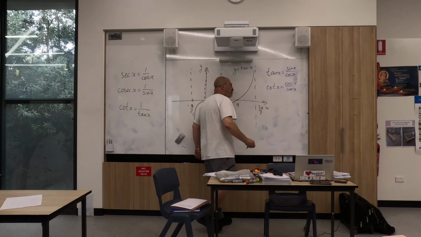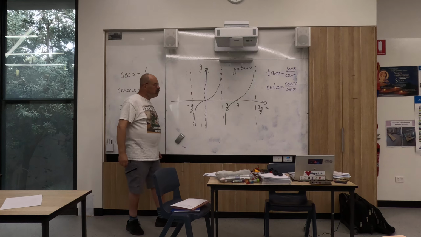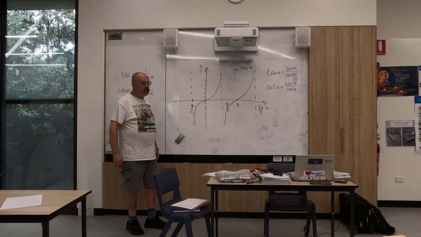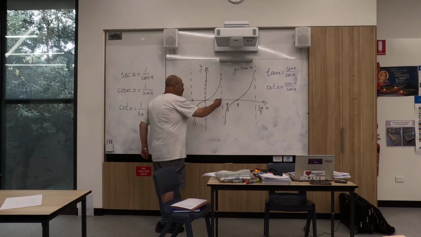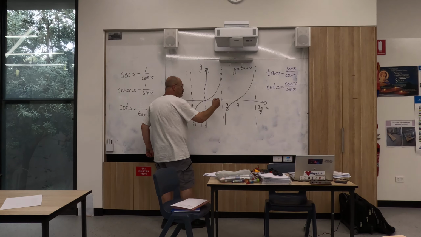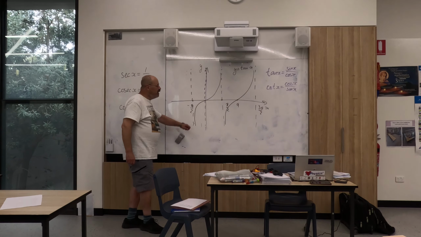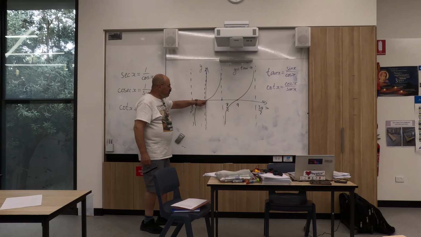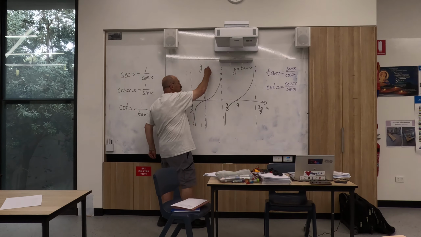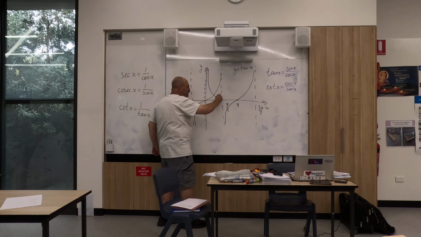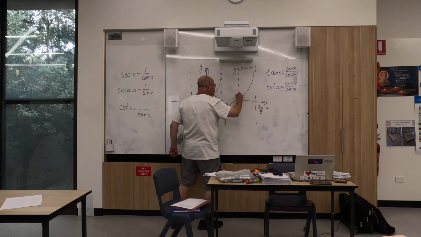So when cos x equals 0, cotangent x will be 0. So it will be 0 here. And when tan is very small and positive, cotangent will be very big, and another asymptote will be at pi.